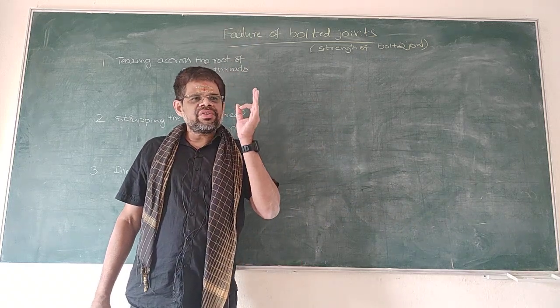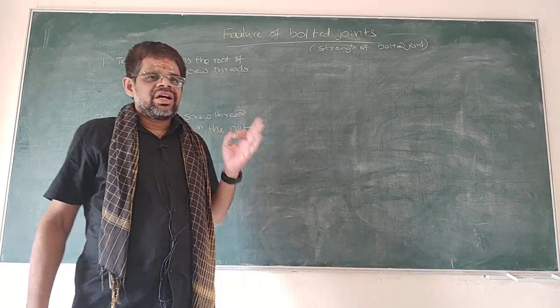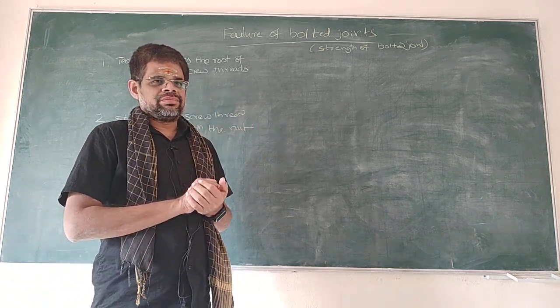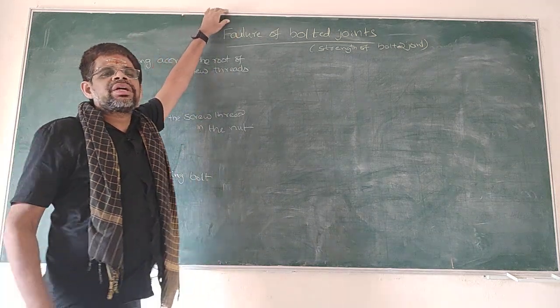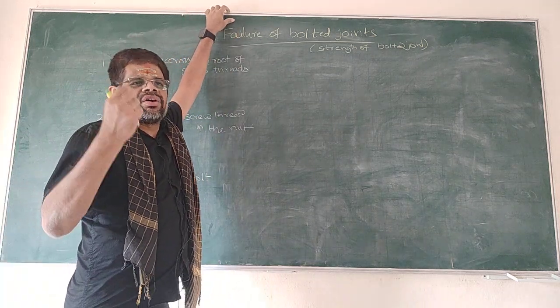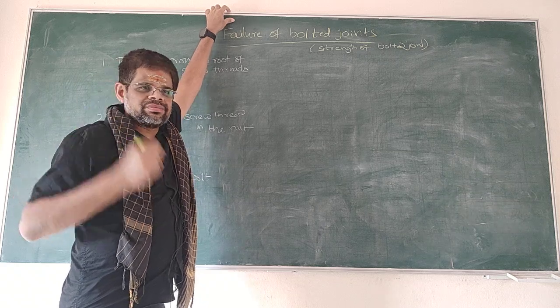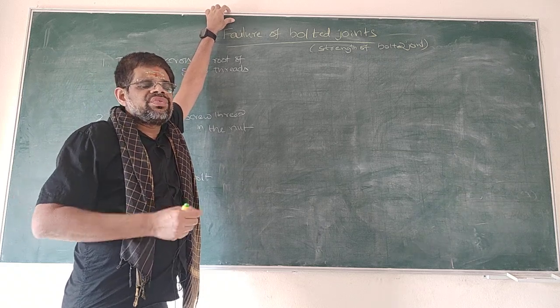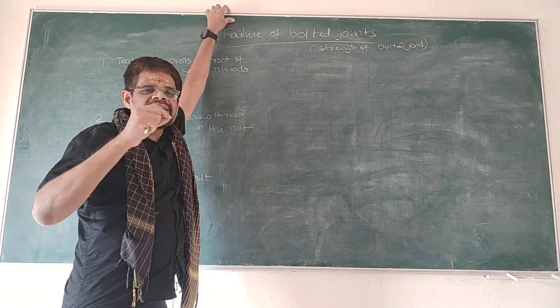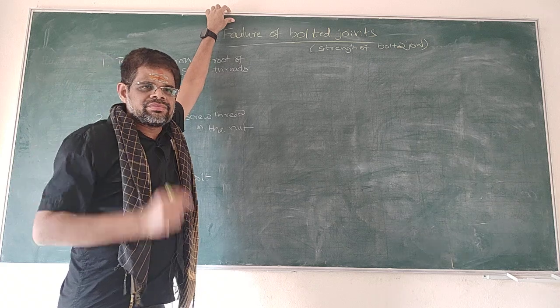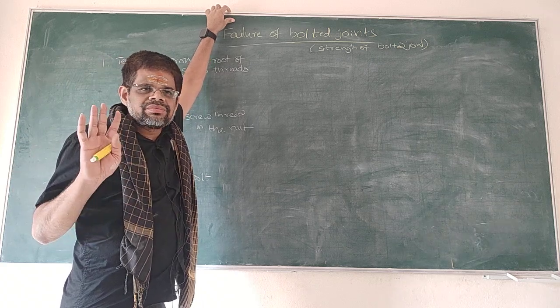If they are unable to withstand the stresses, obviously they will fail. So when you are designing a bolted joint, first of all we must have the knowledge of different modes of failure. If you have the knowledge of different modes of failure, then only you can decide the dimensions according to that. Is it right or not?